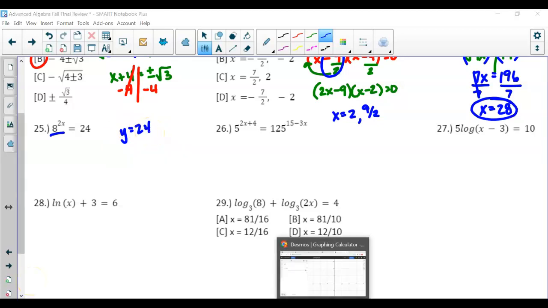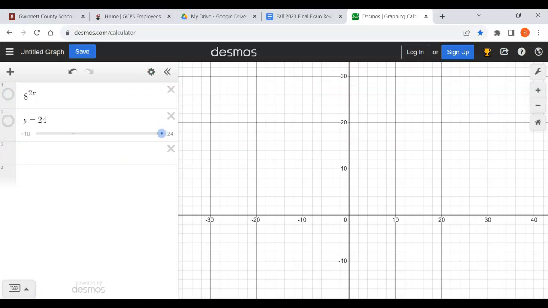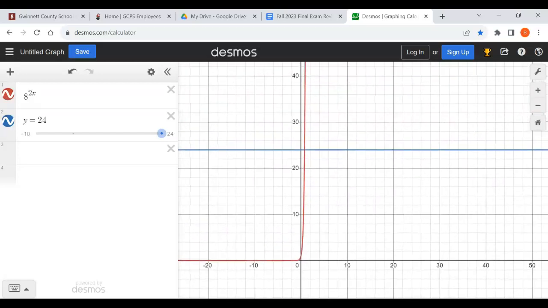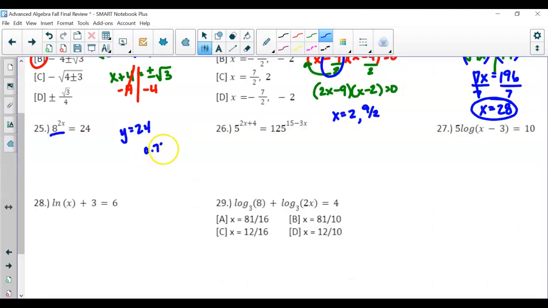So when you graph these in Desmos, notice, right, that's 8 to the 2x, and y is equal to 24. So notice here, we do have a solution, and the graphs are crossing here at about 0.764. So let's see if we get that answer algebraically.